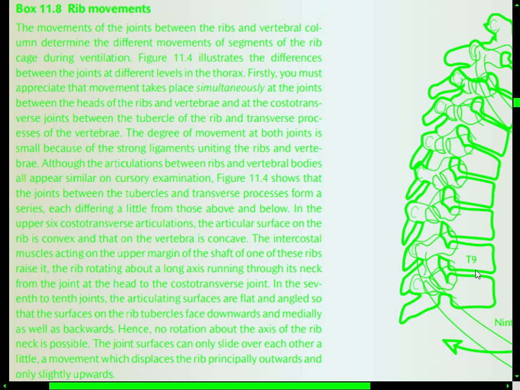Answer: what determines the rib cage movements during ventilation is the movement of the joints between the ribs and the vertebral column.